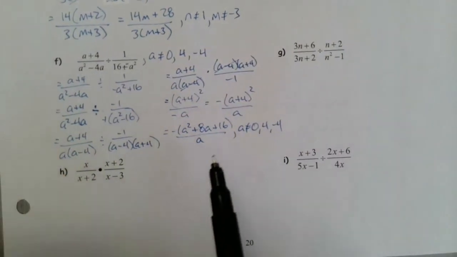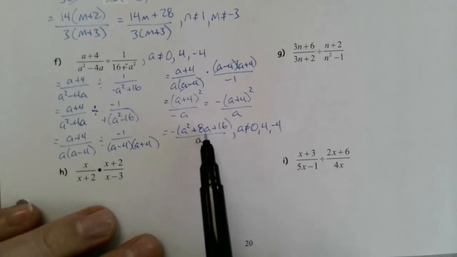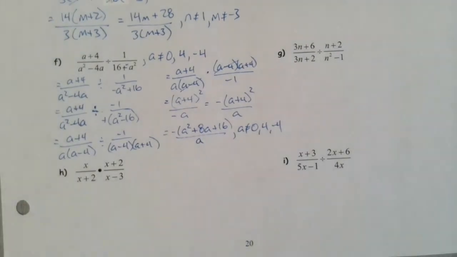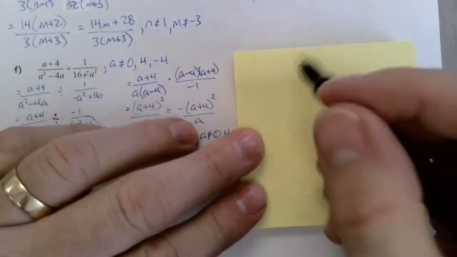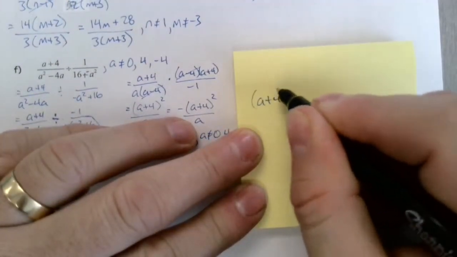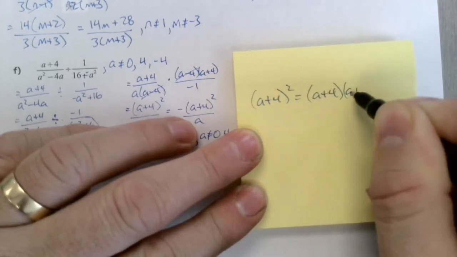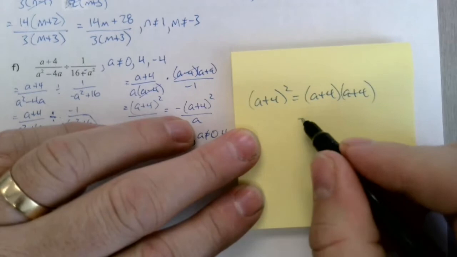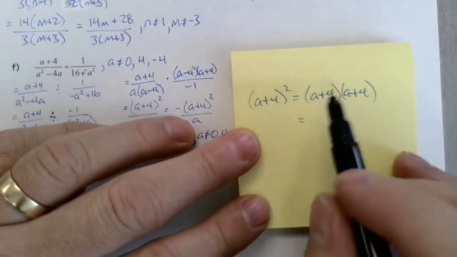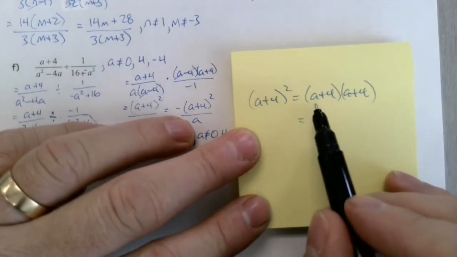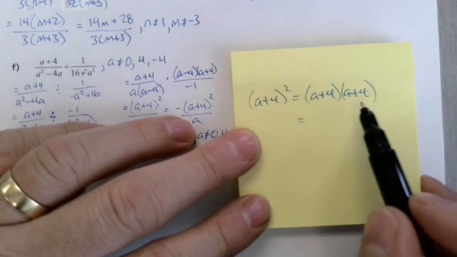Now, there might be a question that pops up: where did that 8a come from? Well, when you squared a plus 4, remember that means a plus 4 times a plus 4. And when you multiply two binomials together, every term in this binomial gets multiplied by every term in this binomial.